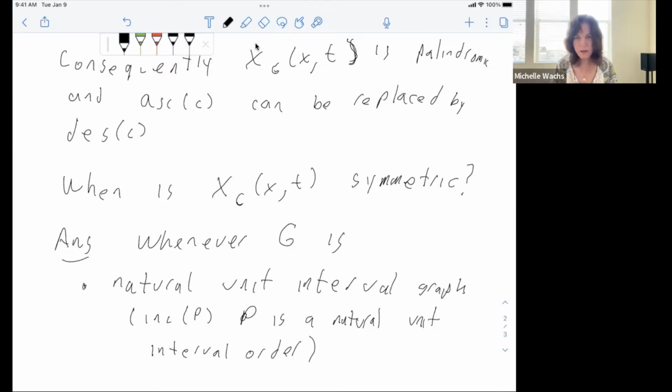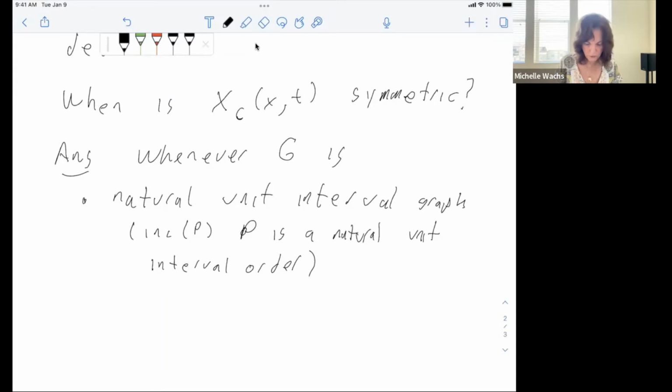The graph can also be thought of as taking unit intervals on the positive part of the real line, with an edge between two unit intervals if they intersect, and the labeling on the unit intervals is left to right according to left endpoints or right endpoints. So it can be described in terms of unit intervals. So that's symmetric when it's a natural unit interval graph.